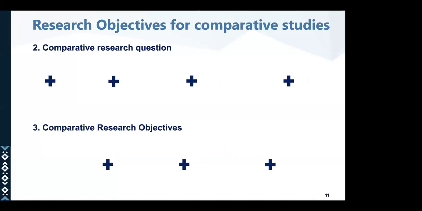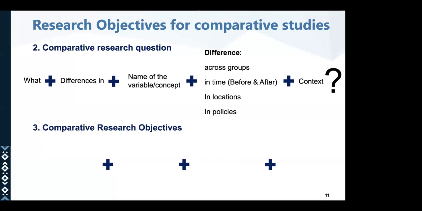Now, what if it comes to a comparative research question? A comparative research question is usually something like this. What differences, for example, exist in this variable versus this other variable, or across groups, or in time? Time is before and after.